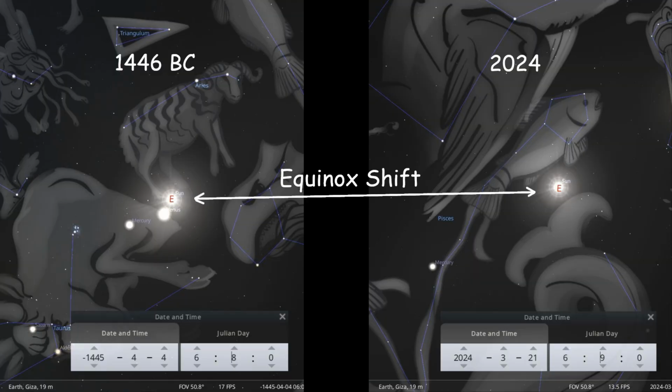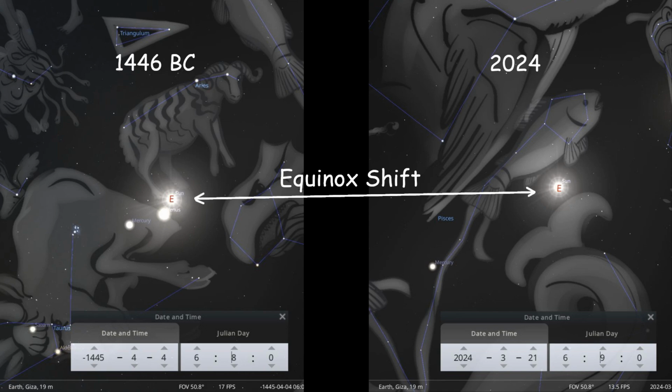So, this shift in our backdrop of stars causes our calendars to keep shifting as we keep up with the seasons. Although they've tried to remedy this with the Gregorian calendar, it can all get confusing because over long periods of time, our seasons shift across this backdrop of stars, like in these pictures.